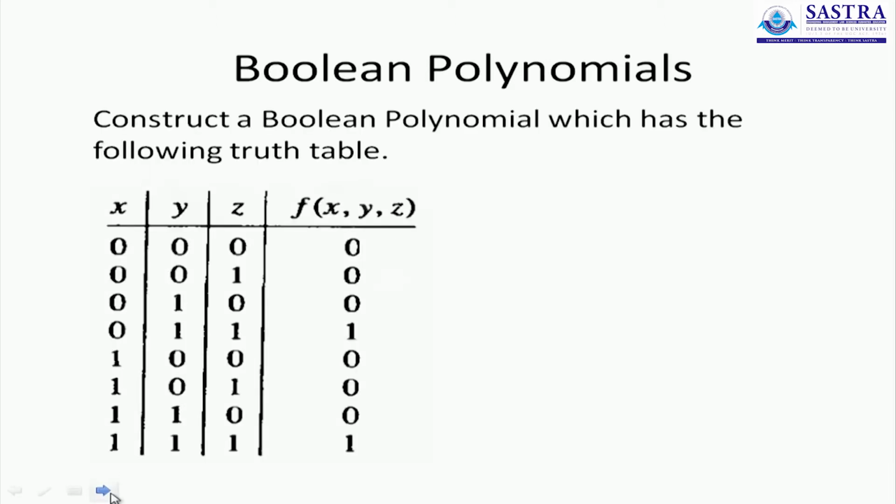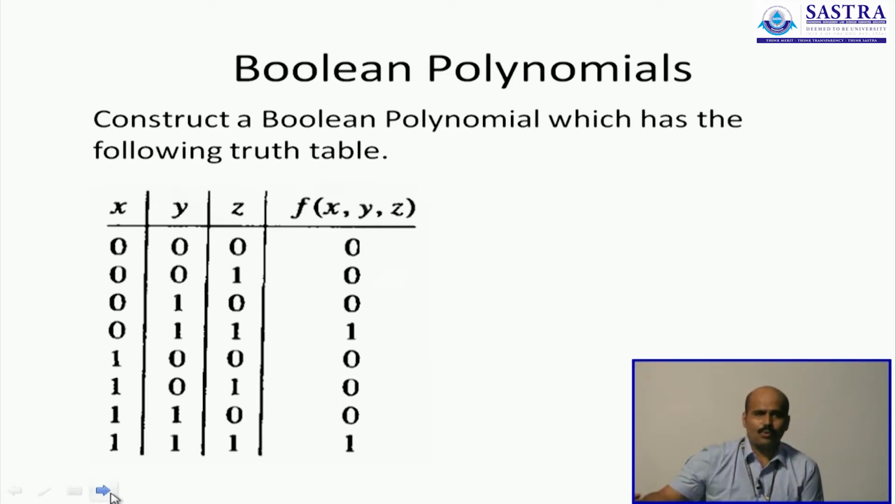However, we can also construct a Boolean polynomial from its corresponding truth table. This is pretty much similar to what you learned when you did the PDNF of a given compound statement. What did you do? You focused on those rows which gave 1 as the answer and constructed the PDNF out of that. We'll do the same thing.